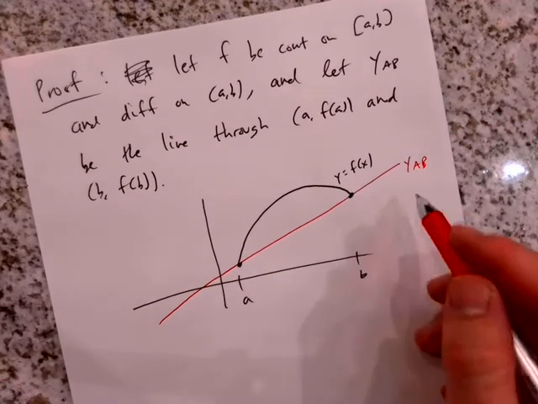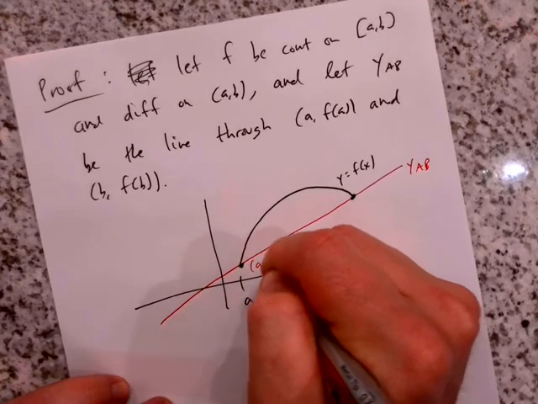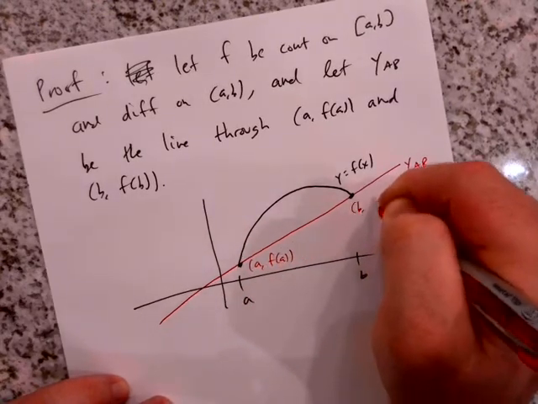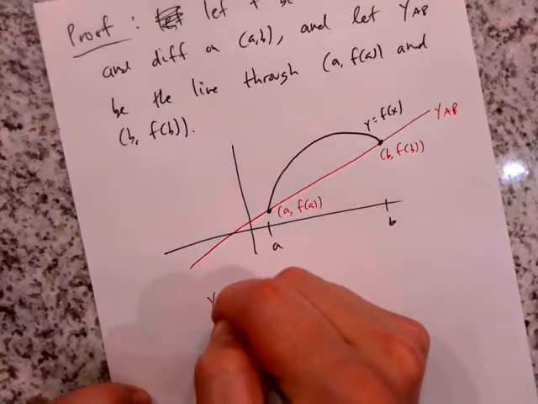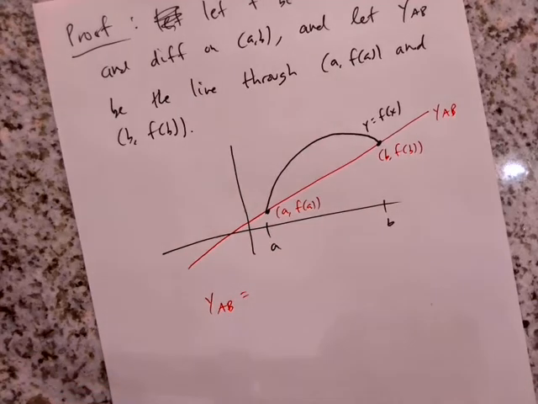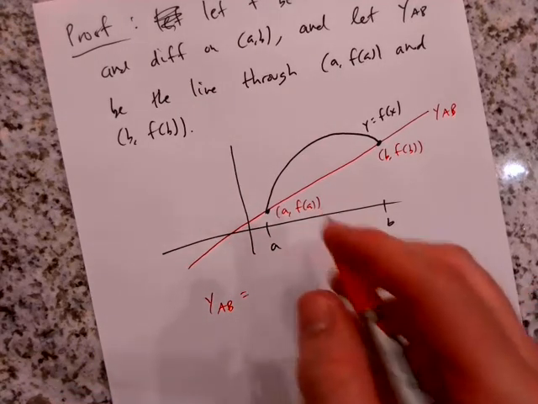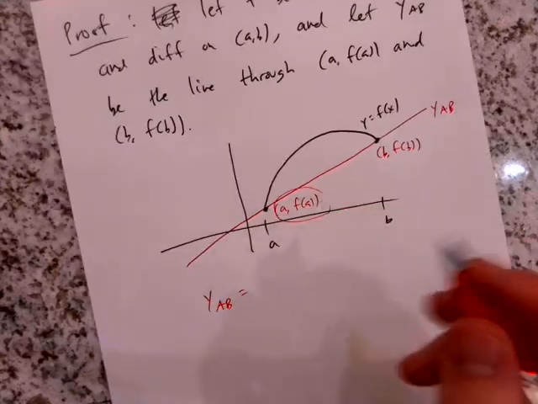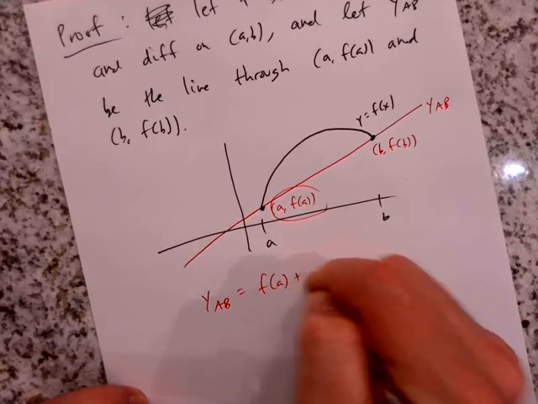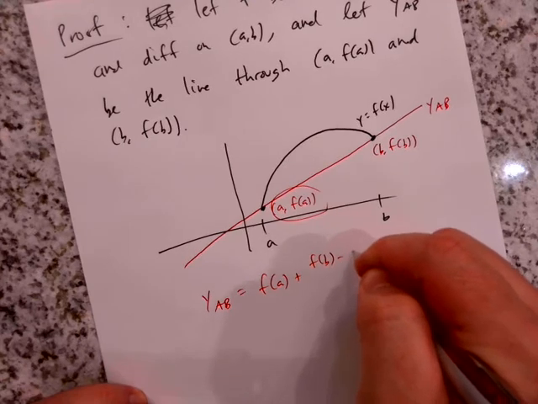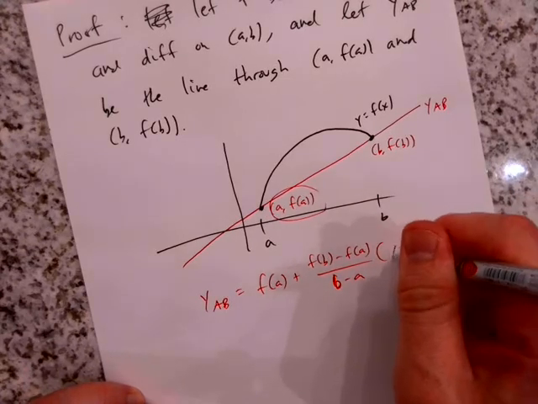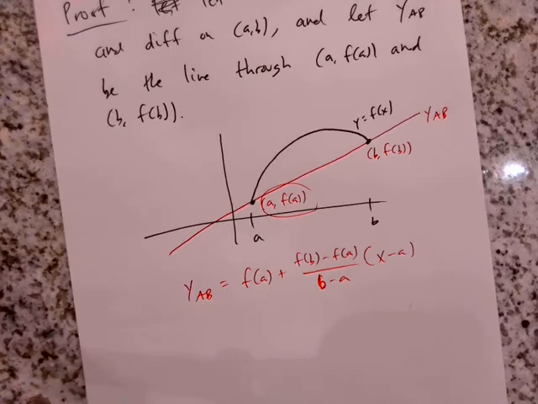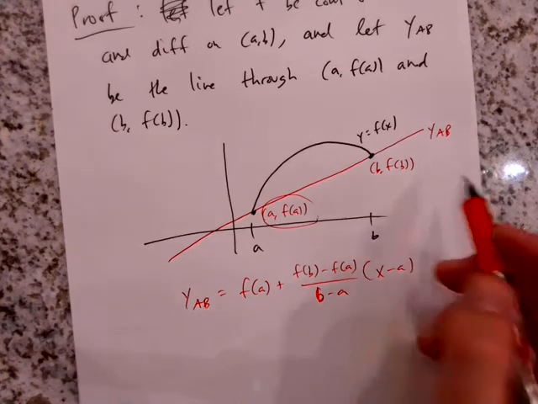So since y sub AB goes through these two endpoints, the equation for line y sub AB, if I use point slope form, is the y value, I'll use this point as my starting point, plus the slope, which is the change in y over the change in x, times x minus the x value. That's the equation for y sub AB.